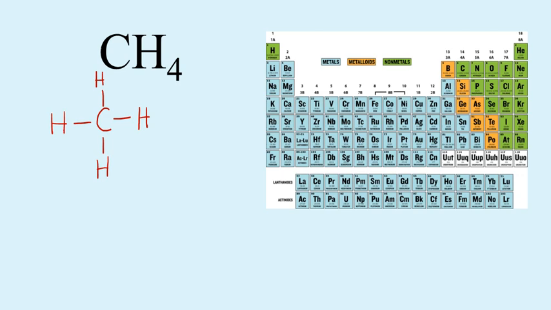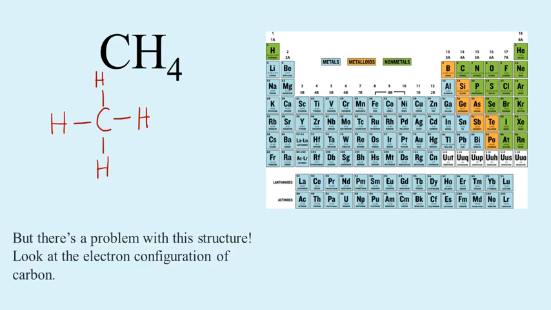But if we think about this from the standpoint of electron configurations, it seems that there's a problem with that structure. For example, if we think about the electron configuration of carbon, and we see where carbon is on the periodic table, you might remember that it has 4 valence electrons.